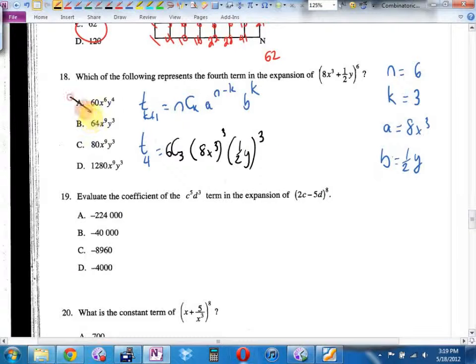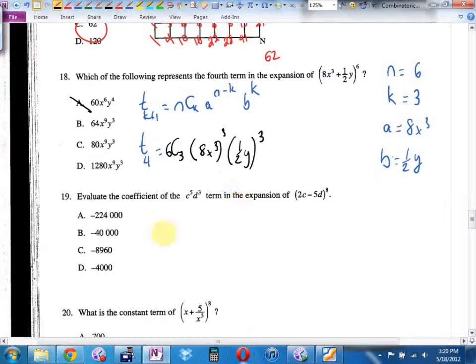Why can't I do this right away? What's my y going to be? Y to the what? Maybe. Oh, let's check my x's. X to the what? It's power to a power. So is it 6 or 9? 9.